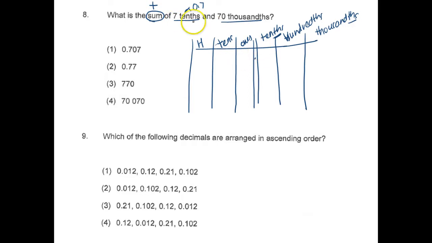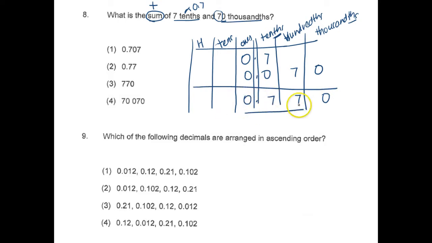So 7 tenths is 0.7. 70,000, 0 is at the thousandths place, 7 will be at the hundredths place. So what we need to do is add them up. So my answer is 0.77, which is option number 2.